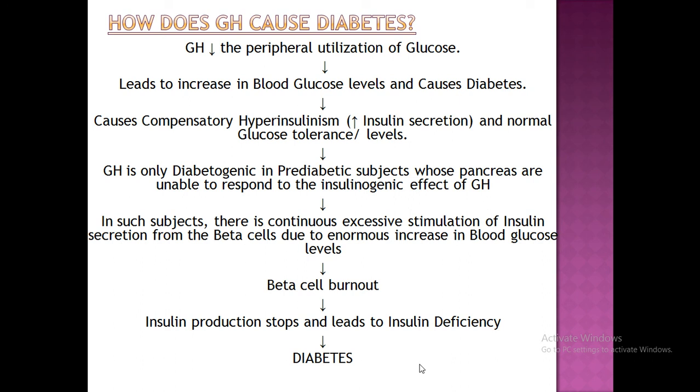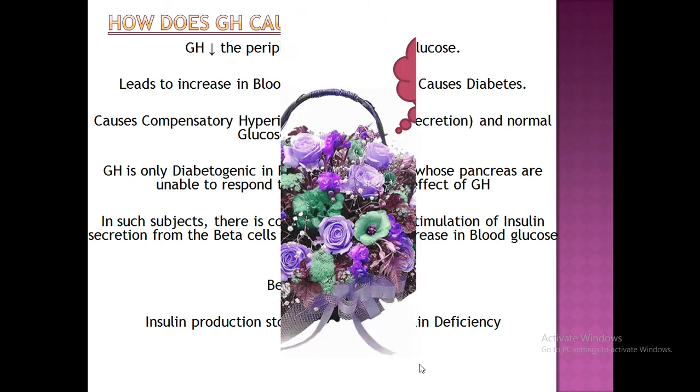In these subjects there is continuous excessive stimulation of insulin secretion from the beta cells due to the enormous increase in blood glucose level, so that the beta cells burn out and insulin production stops, which leads to insulin deficiency. This is the reason which may lead to the condition that is diabetes.